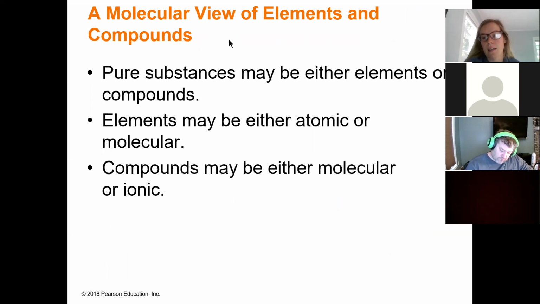We actually want to break that down a little bit farther. So we're going to say that an element can be either atomic or it can be molecular. And then a compound, we're going to break into being either molecular or ionic. We'll explain all these in a moment.